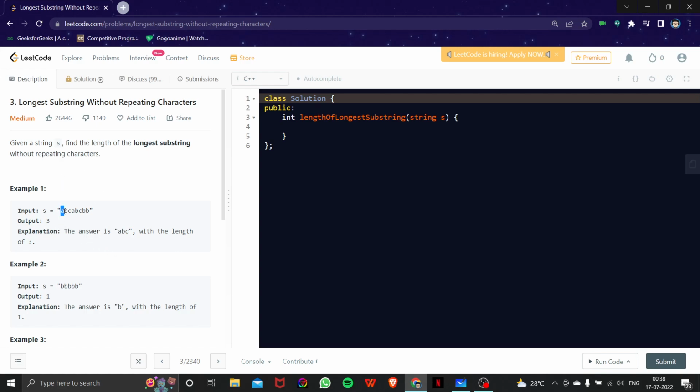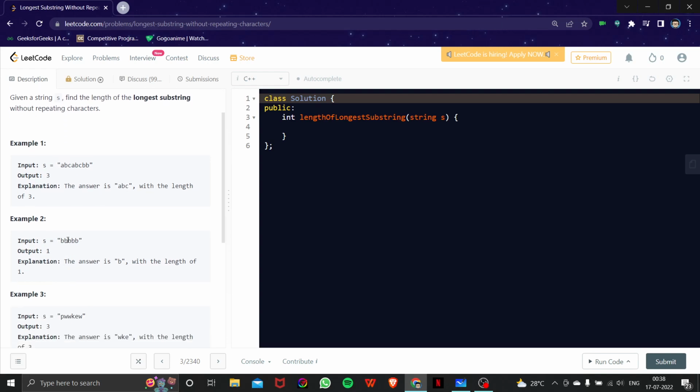It would be ABC, 3, right? It can be BCA also. It also has three unique characters. CAB also. But this cannot, because there are two B's, right? And we cannot have these four because A is there.